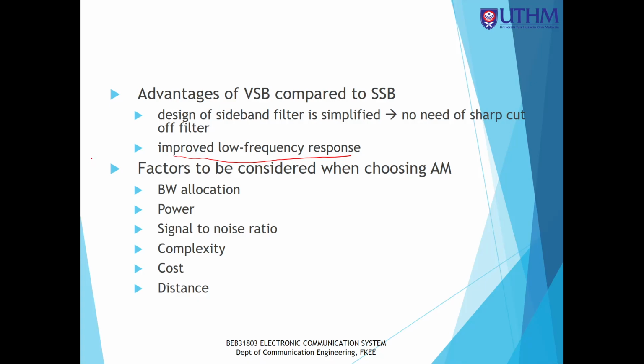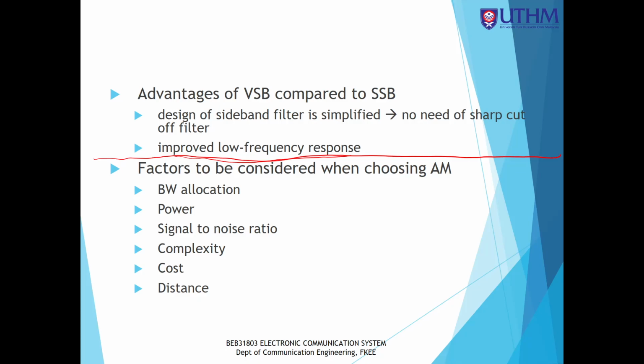So which modulation scheme do we need to choose for our application, for our system? It depends. Each type of amplitude modulation has its own advantages and also some disadvantages depending on the application type.